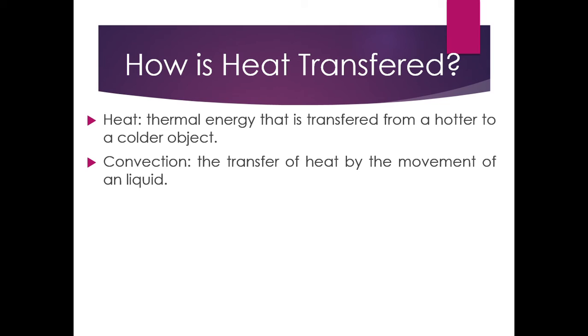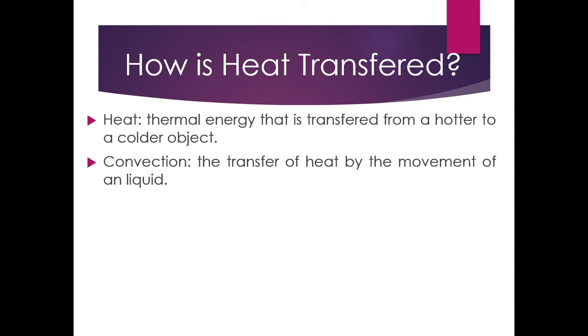And the first way in which heat is transferred is convection. So it's the transfer of heat by the movement of a liquid. So, for example, let's suppose that you have a pan with water in your house, and then you expose it to fire. What is going to start happening to the water? Of course, it will start boiling.